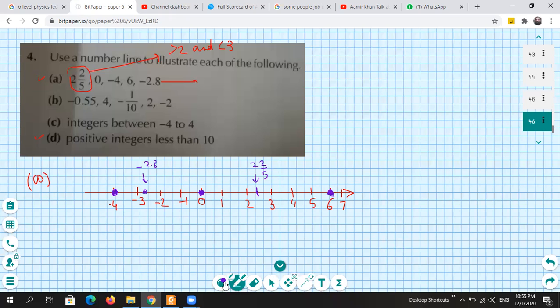Now I'm going towards part D. Part D says positive integers less than 10.